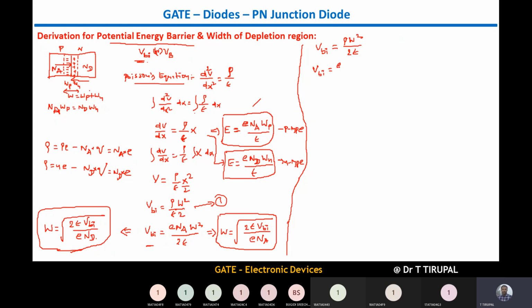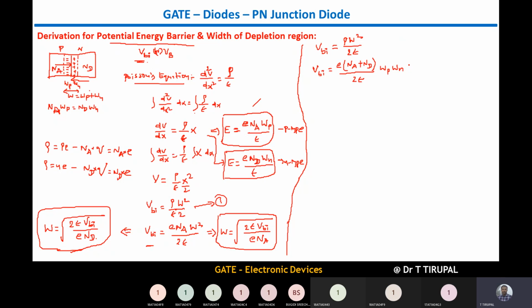It is equal to q. Previously we have written only for acceptors, acceptor concentration separately and donor concentration separately. Now combine the acceptor and donor concentrations, and you get for both the semiconductors q into Na plus Nd divided by 2 epsilon, and here W square I am writing as Wp for p-type semiconductor and Wn for n-type semiconductor.